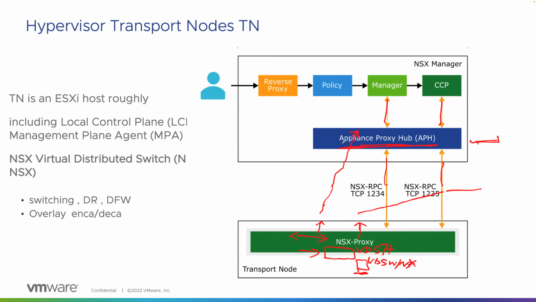There's only one term here in the middle, application proxy hub, and it talks to the NSX proxy. NSX proxy is also MPA and LCP, the same thing as we just talked about.